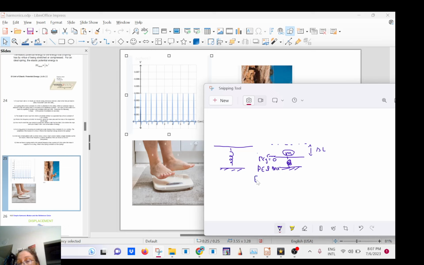So here the total energy is going to be equal to only the potential elastic energy, because of course it's not moving, so you do not have kinetic energy. So it's going to be 1/2 K delta L squared. That's the amount by which the spring here is being squeezed down.